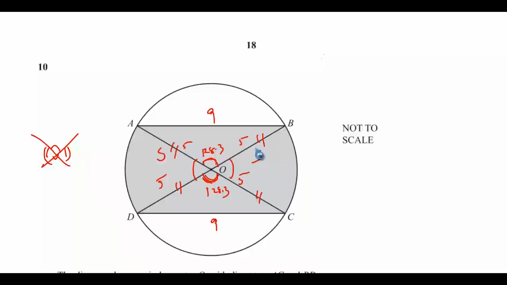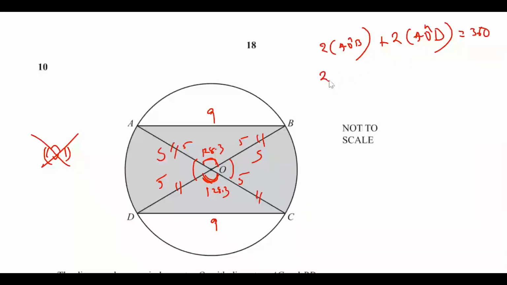So let me do it up here so that you can see what we are doing. Instead of repeating these two now, I can say 2 into AOB, that's for these two vertically opposite angles, plus 2 into AOD, that is for these two angles. They are also vertically opposite angles and they are equal, so they should add up to 360 degrees.